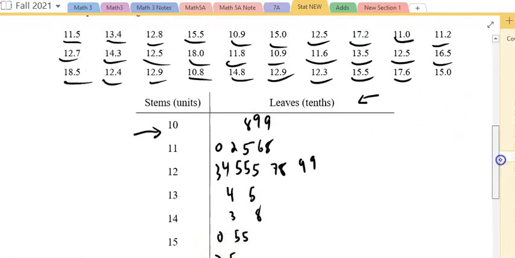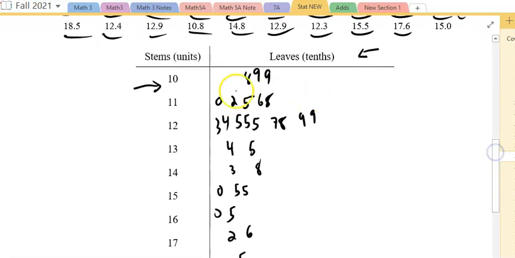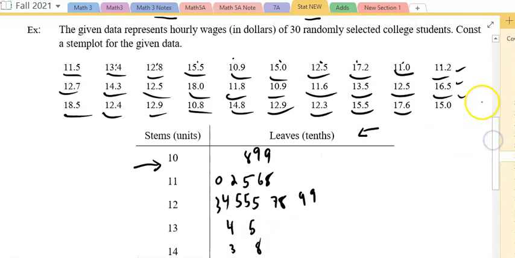Now if I count those, there are 30 of them. The worst thing you could do is take data out.